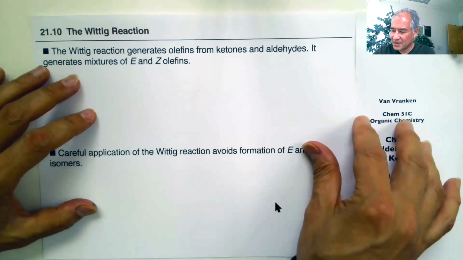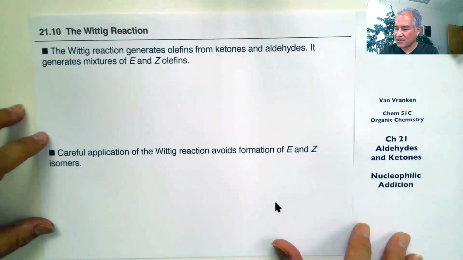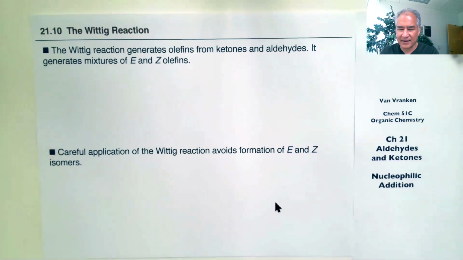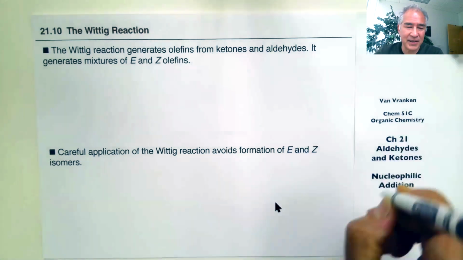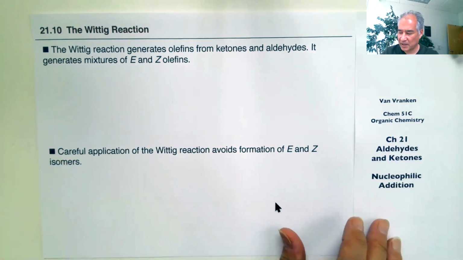All right, for some reason, the book just out of nowhere throws this reaction into the mix, and it doesn't really fit in. It doesn't really fit in anywhere in this chapter, but they've jammed it in here. And so I'm going to try to follow that a little bit in order.